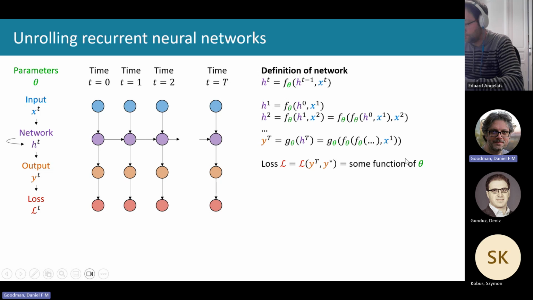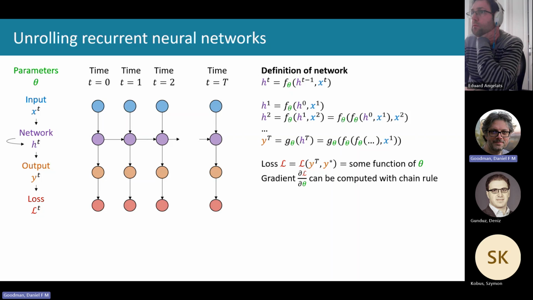And this gives you a very complicated function, but it's still just a complicated function of values theta and x0, x1, and so on. So the point is that that's how we can then apply these gradients and so on. That's how you do it in a recurrent neural network. That's also how we do it in a spiking neural network.